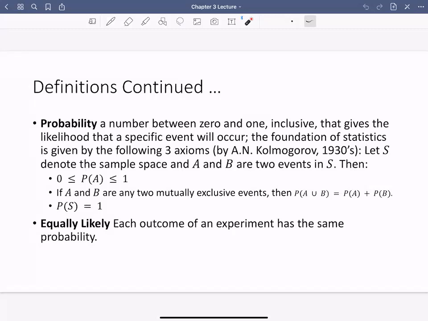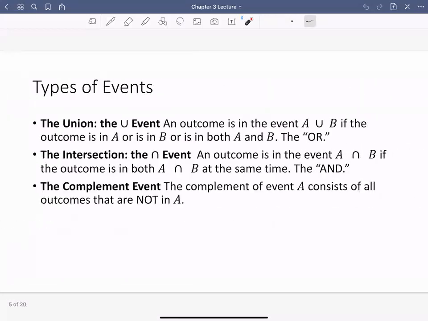So if our sample space is such and such, what's the probability of them happening? Well, 100%, because either that has to happen or that has to happen. Those are the only choices. And then equally likely talks about each outcome having the same probability of happening in an experiment.